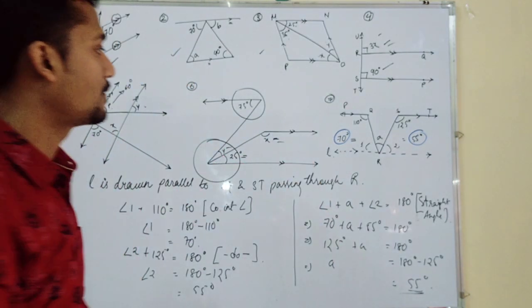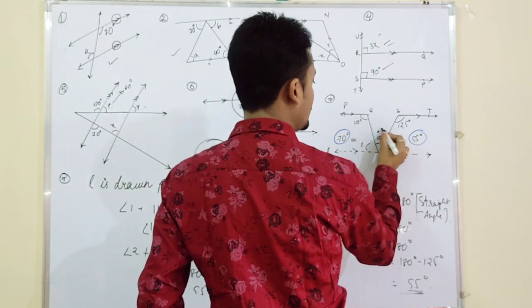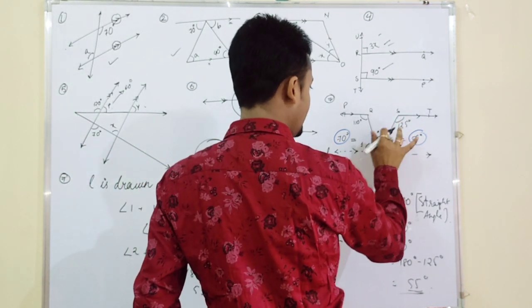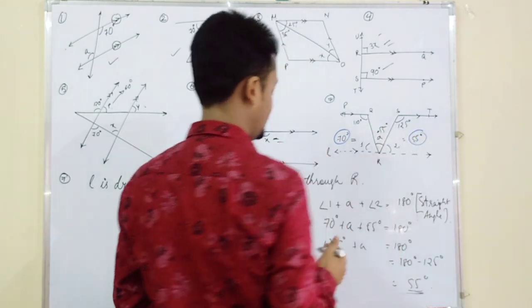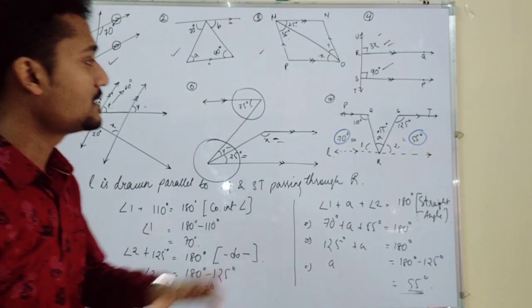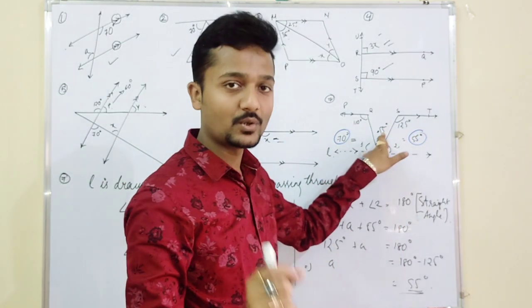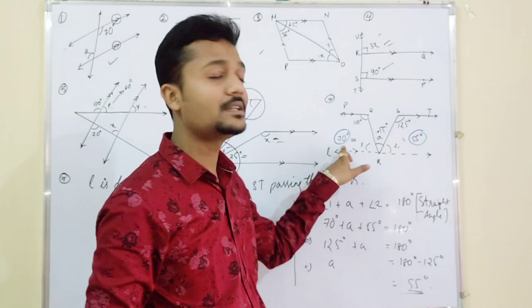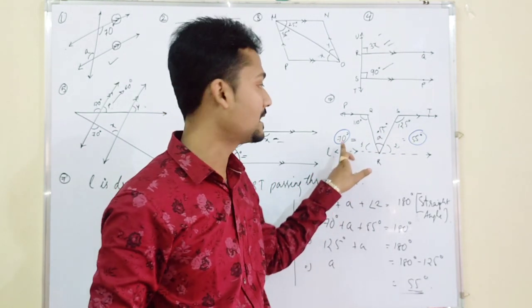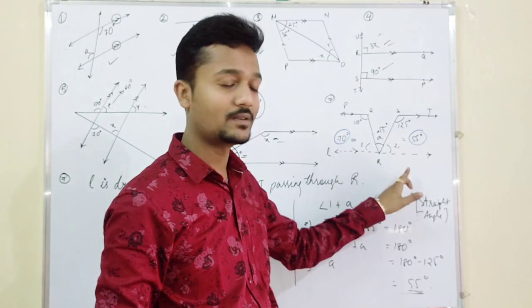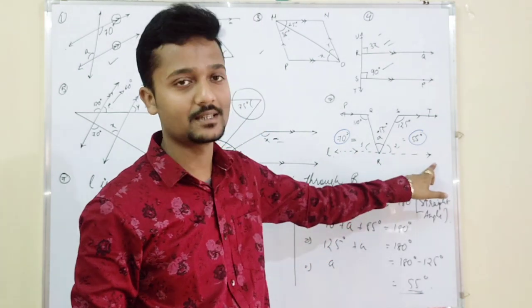Okay. So we have got angle A, which is equal to 55 degree. Check once again. 55 plus 55 is equal to 110 plus 70 is equal to 180. That means sum of all the angles is equal to 180 degree, which is a straight angle, isn't it?